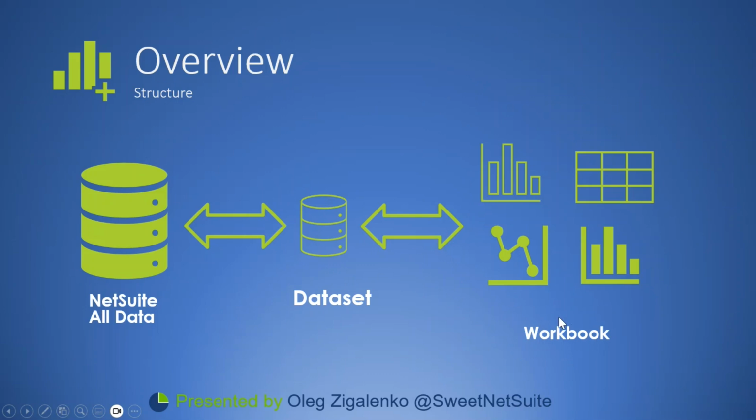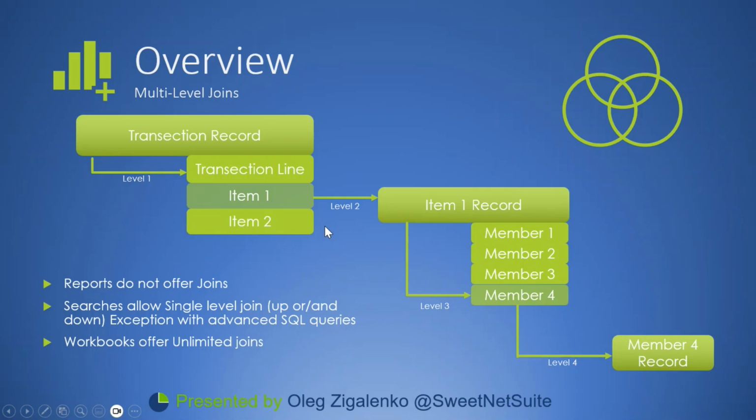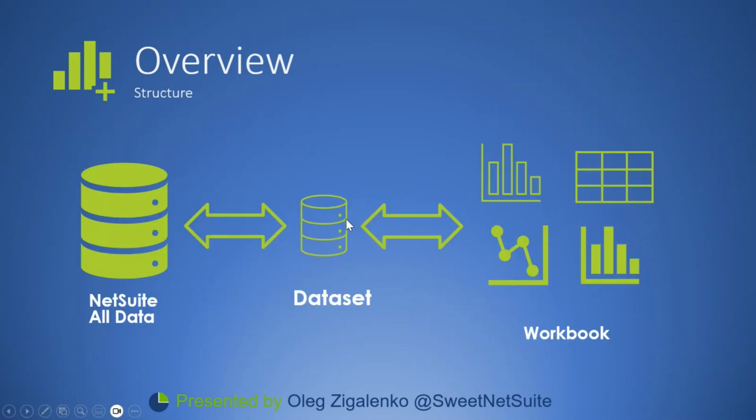You don't go back from the workbook to the NetSuite data, right? You bring it from the data set, which always stays live from NetSuite itself. So it's still just a live filter that sits right in there.